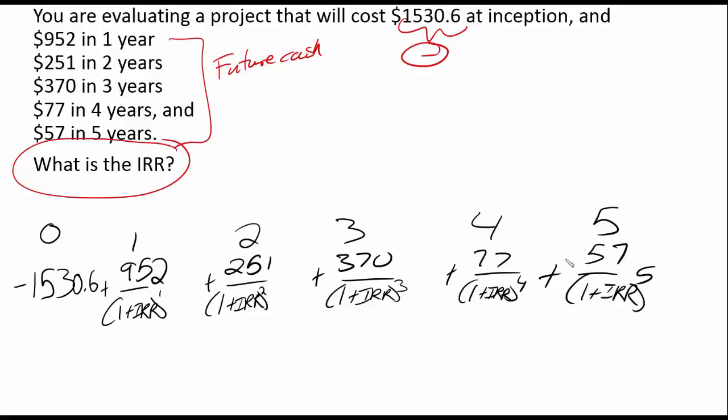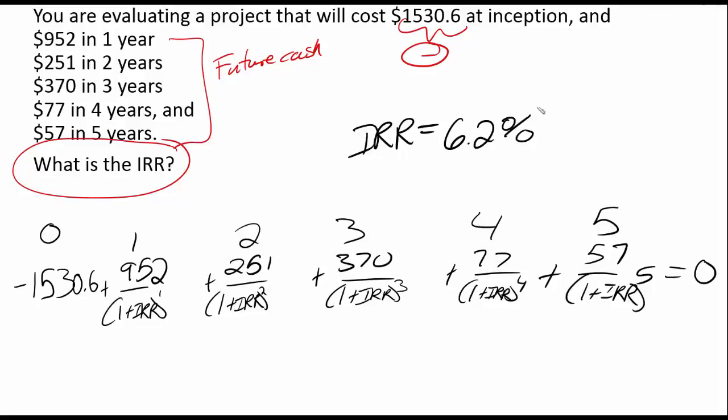That's $57 at year 5. So the thing that we're solving for here is setting all of this equal to 0, and that's basically saying at what point do these cash flows equal the amount that it's going to cost, and we come up with an IRR equal to 6.2%.